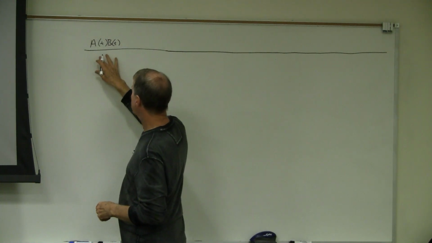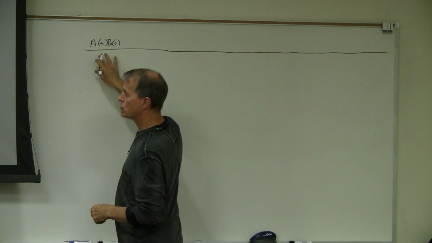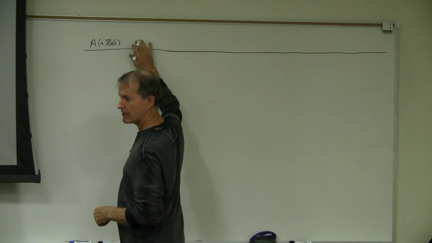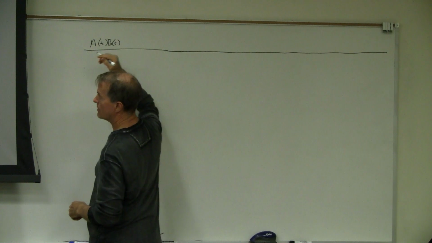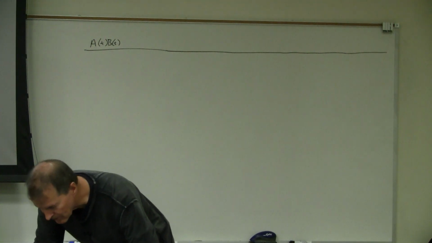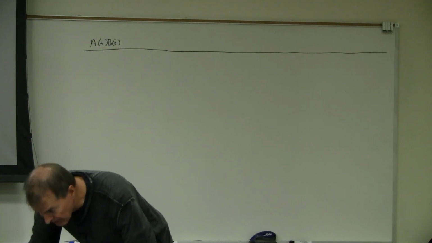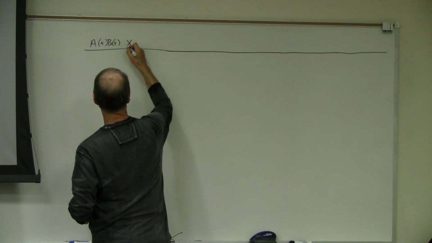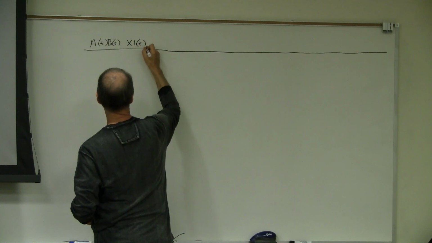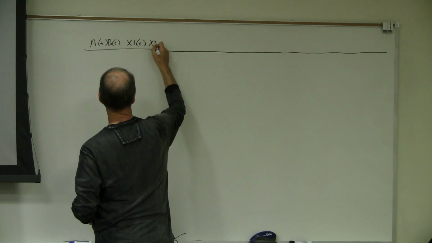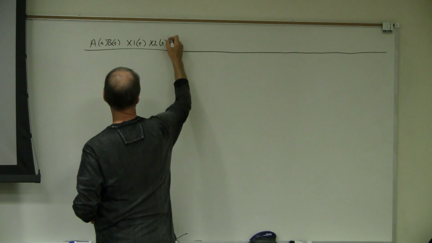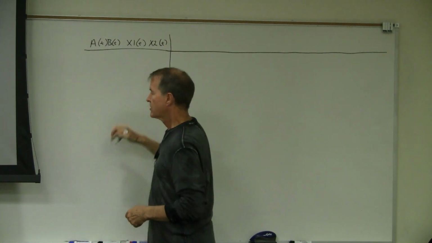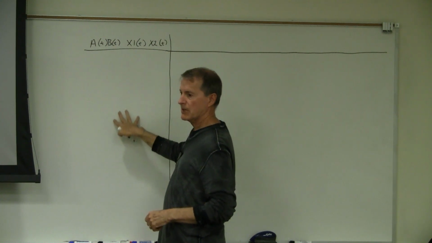Then for each one of these we have an input at time t. Let's call our inputs x1 and x2, so that's x1 at time t and x2 at time t. Now what we have to do is do all the possible combinations here.